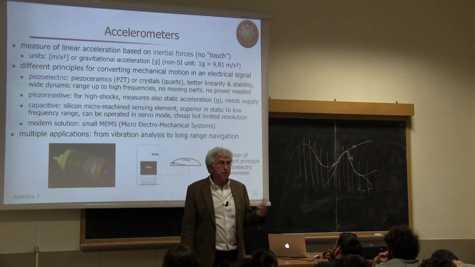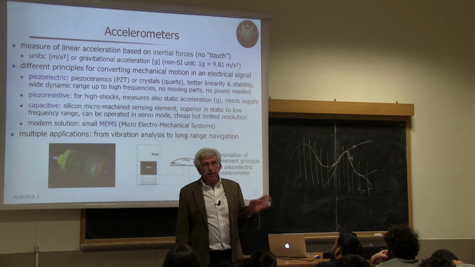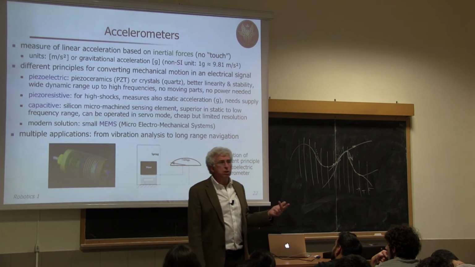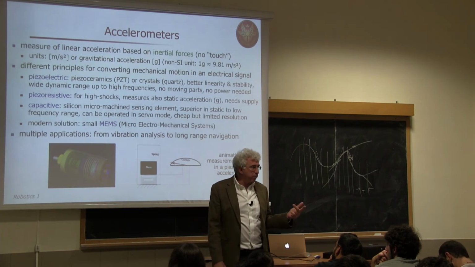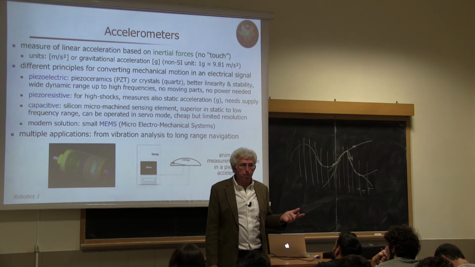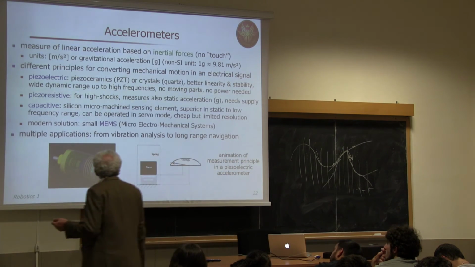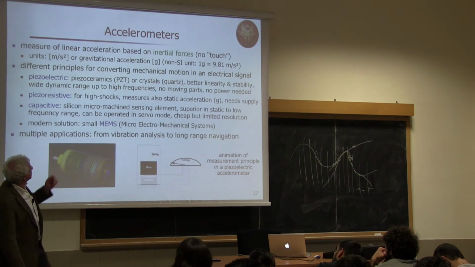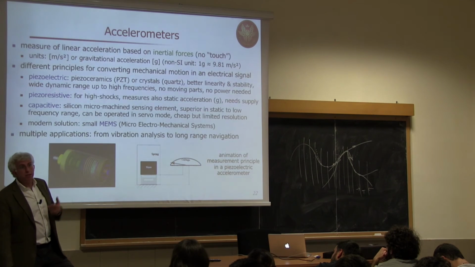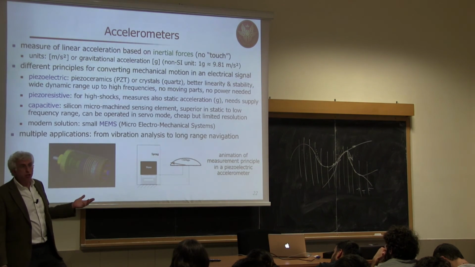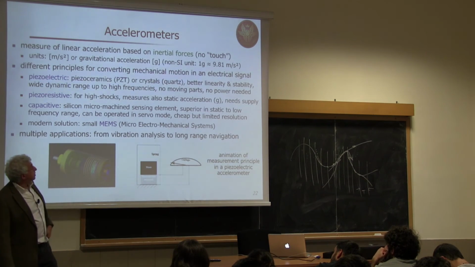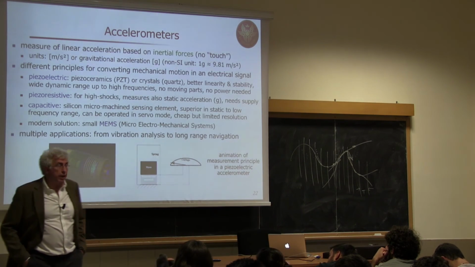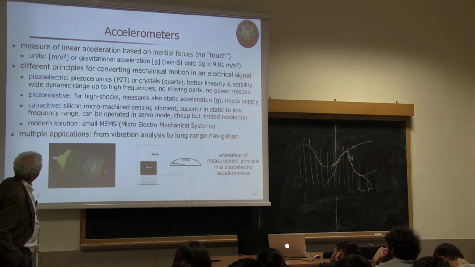Most cases are concerned with linear acceleration measurement, either along one axis or along multiple axes. Typically, a three-axial accelerometer measures along X, Y, and Z. Sometimes you don't find these units. You find non-SI units like g. So if an accelerometer measures, for instance, 3 g, that means 3 times 9.81 meters per second squared. This is a convenient notation in this case.